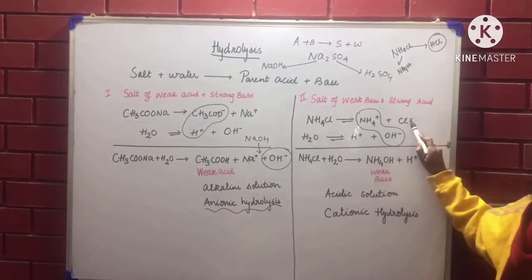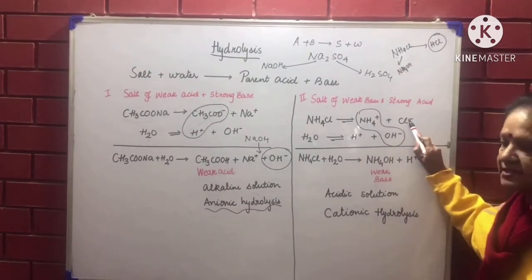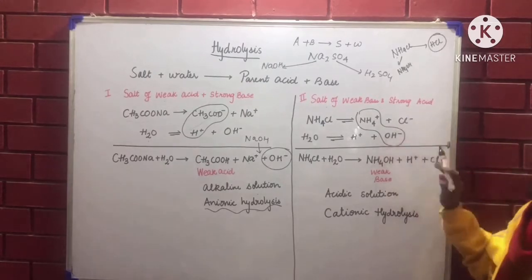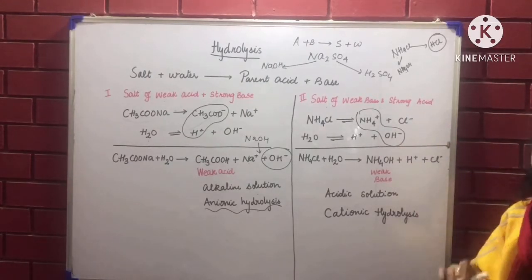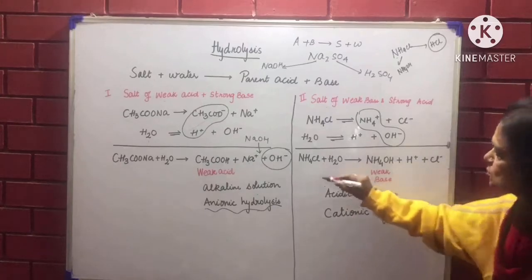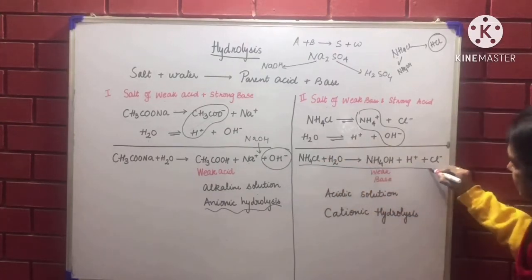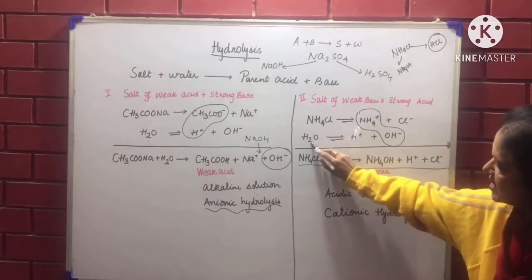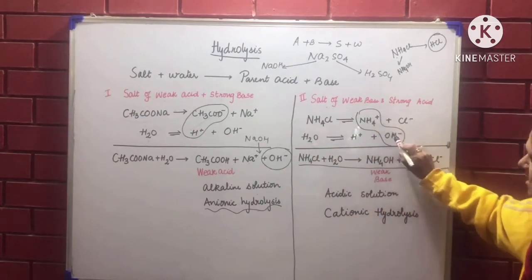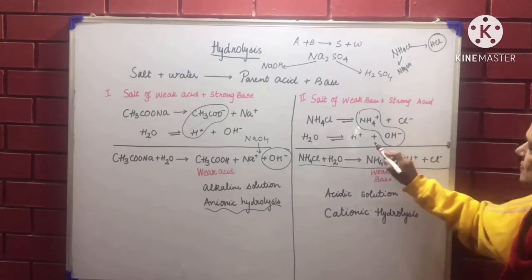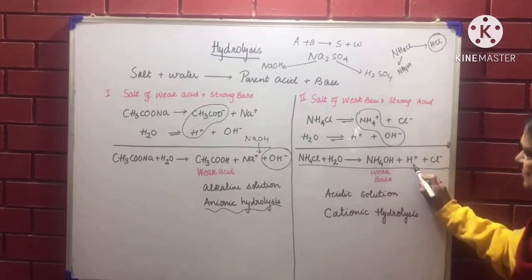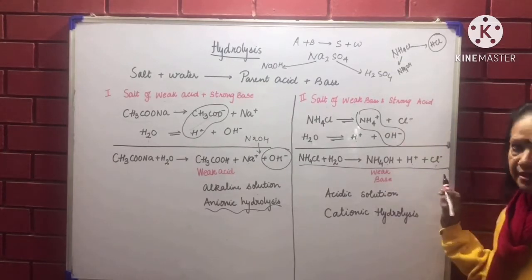HCl will be formed, but again HCl is a strong acid, so it's going to divide again into H plus ions and Cl minus ions, completely dissociated. So what I get in the end is, ammonium chloride reacts with water, gives ammonium hydroxide, and H plus ions and Cl minus ions remain there as such.